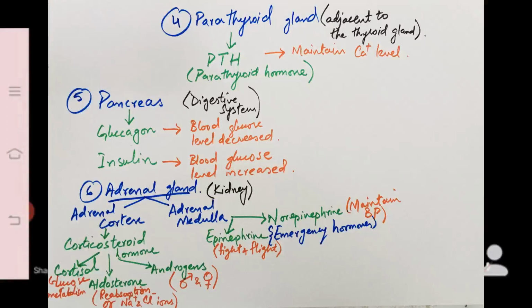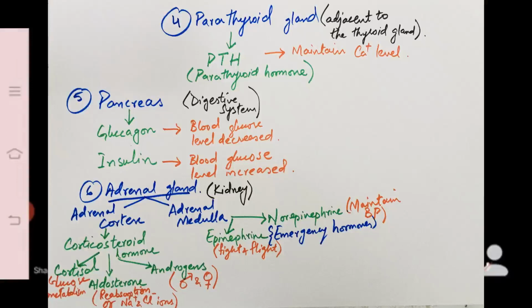The next, aldosterone, and the third one is androgens. This is very important: the adrenal cortex part of the adrenal gland secretes the corticosteroid hormones, which consist of these three hormones: cortisol, aldosterone, and androgens.